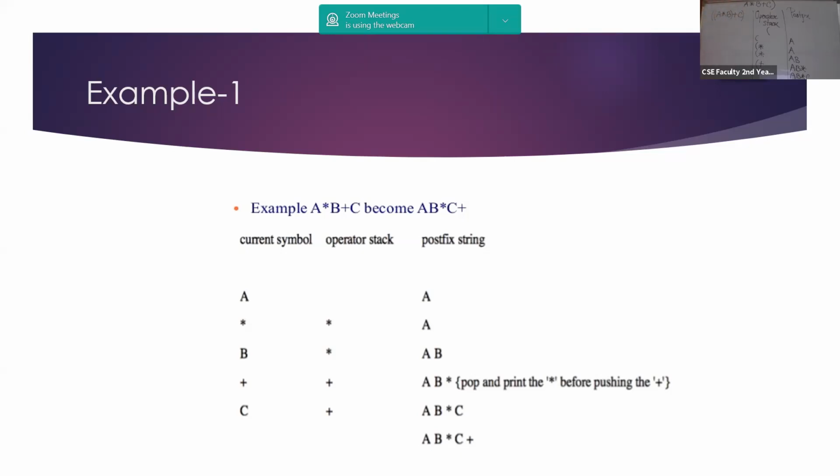If this is completed first, then this will become AB star, plus C. This is step number 1. And in step number 2, you consider this one as an entire entity, suppose X. So X plus C in postfix will become XC plus, right? So what is X? AB into C plus.